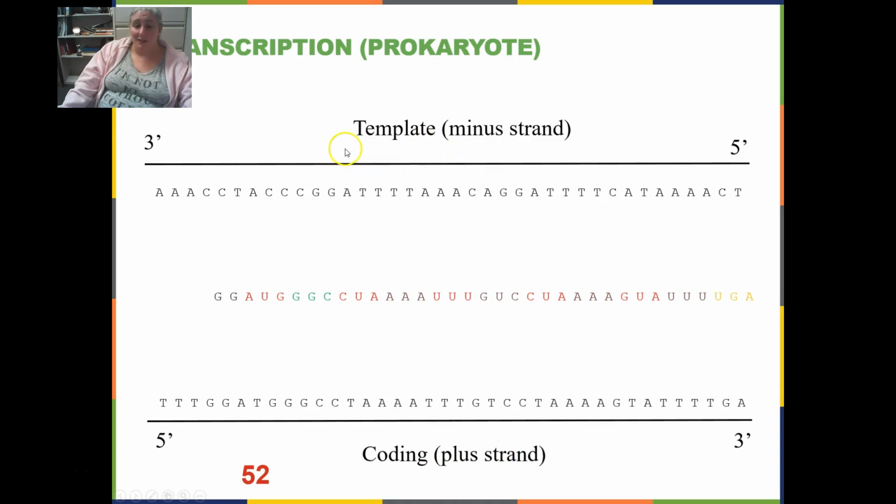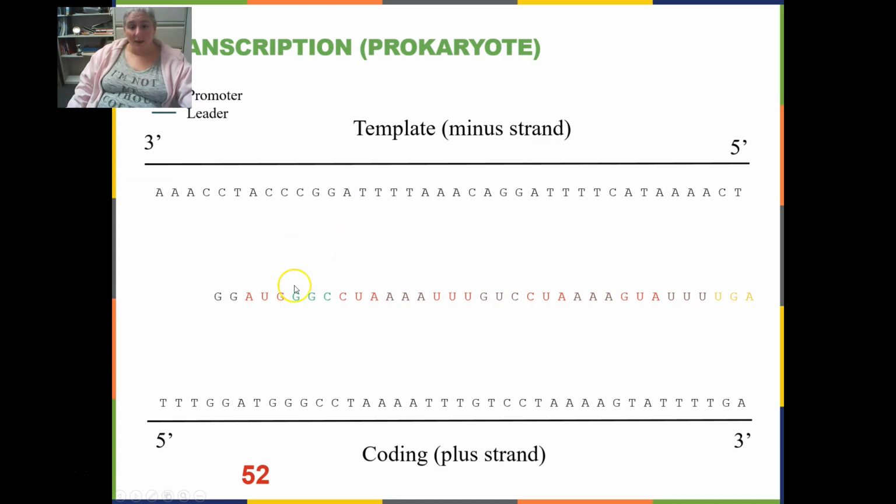We use the template strand, which is the opposite of the coding strand, to produce our transcript, because the transcript will be identical to the coding strand, except wherever you see T's in the coding strand, you'll have a U, because remember, RNA is single-stranded, and it does not contain thymine. It contains adenine, guanine, cytosine, and uracil.